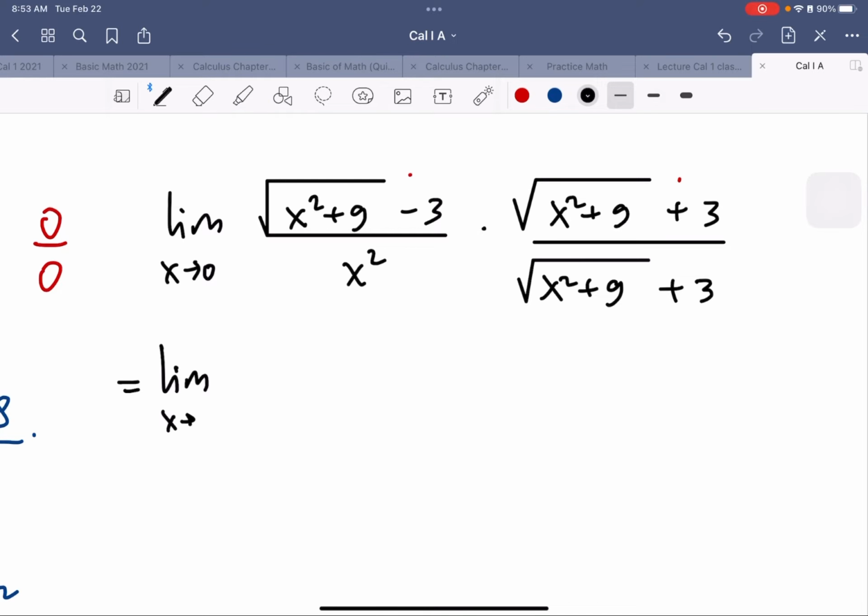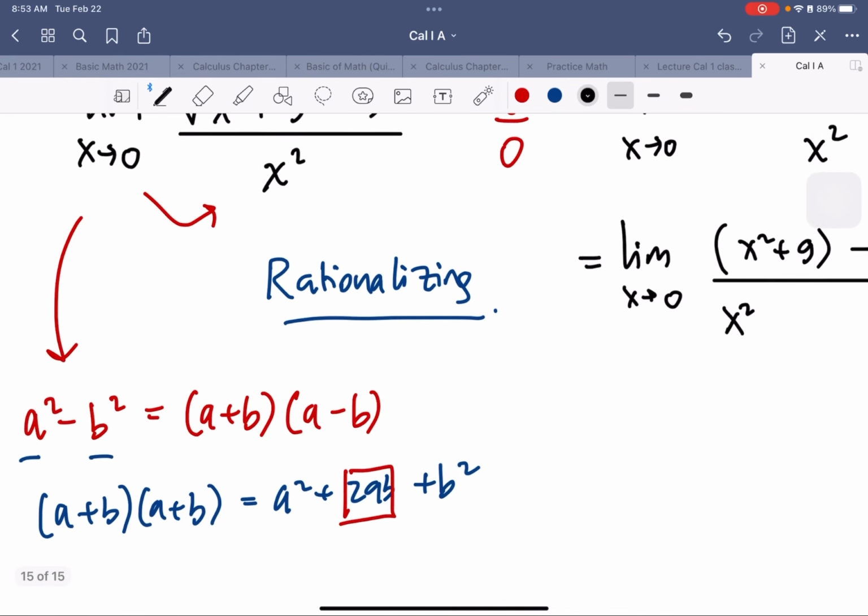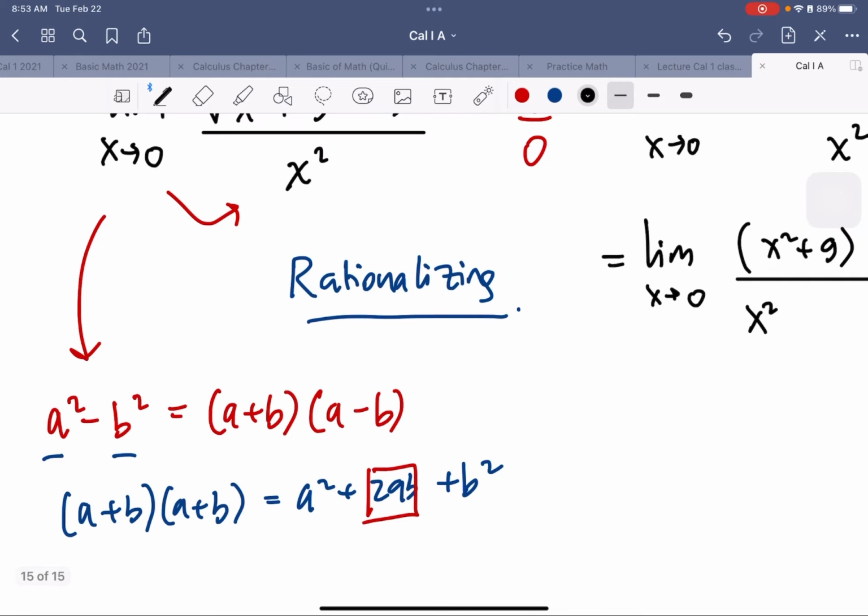So we can have this, and we try to calculate x squared plus 9 minus 9. Just my suggestion, whenever you see any big chunks of calculations or multiplications, just write down first. Do not attempt to multiply one by one, unless you already have it simplified: I can take a plus b, a minus b, and go to a squared minus b squared, because it will be simplified.